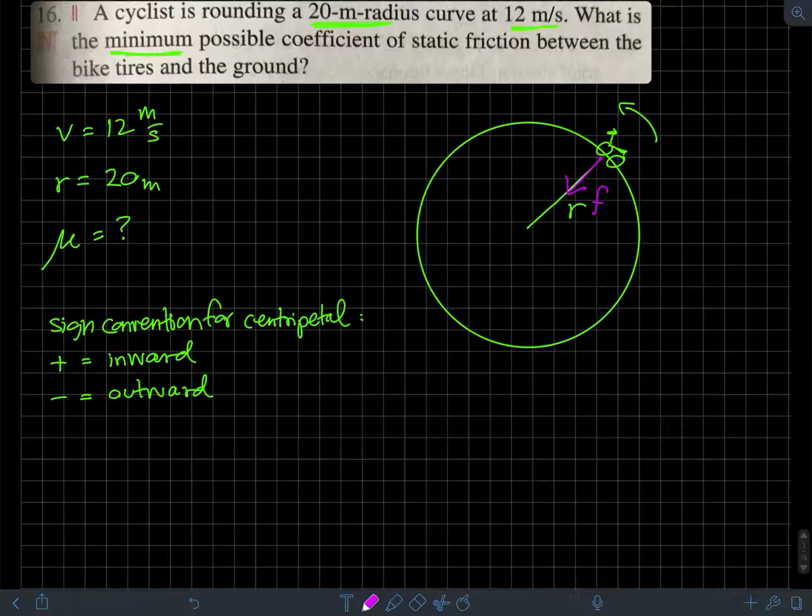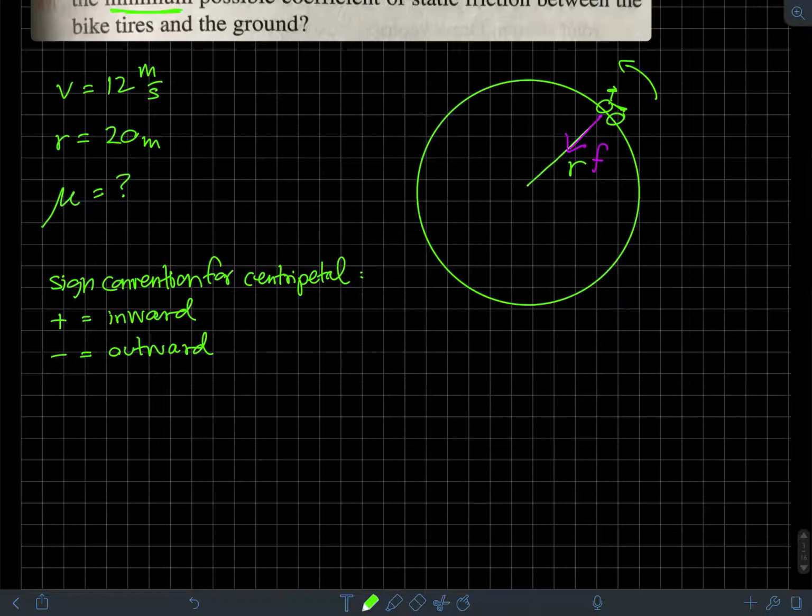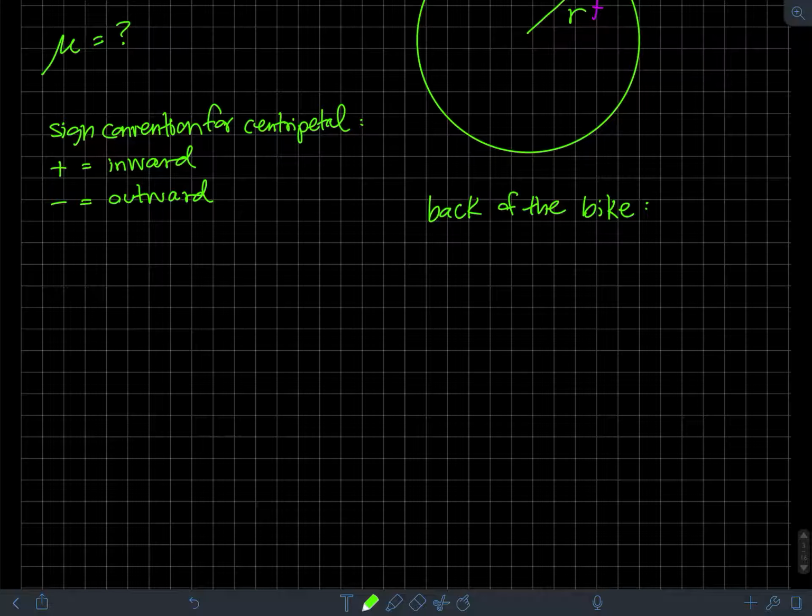Now, sometimes it's helpful to draw that diagram from another vantage point. So I'm going to tilt this picture so that instead of looking at it from above, let's look at it from the back of the bike. Okay, so just pretend that's the back of the bike.